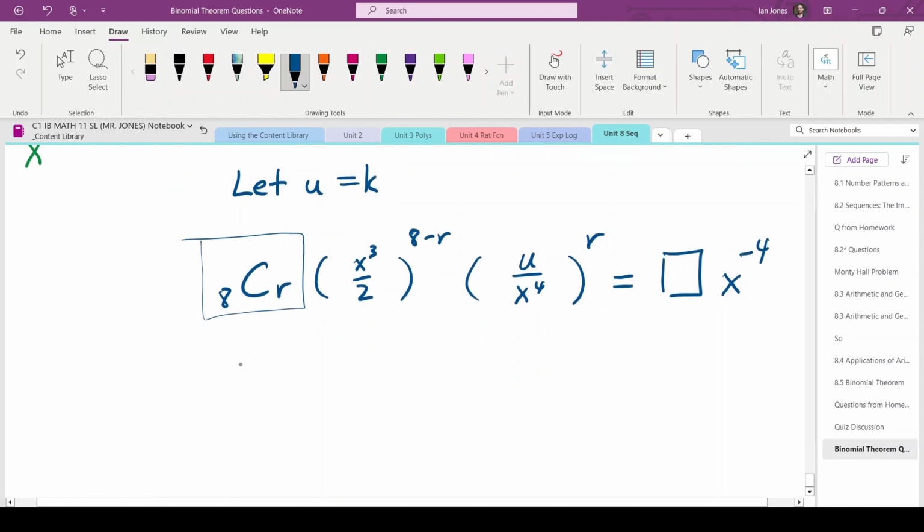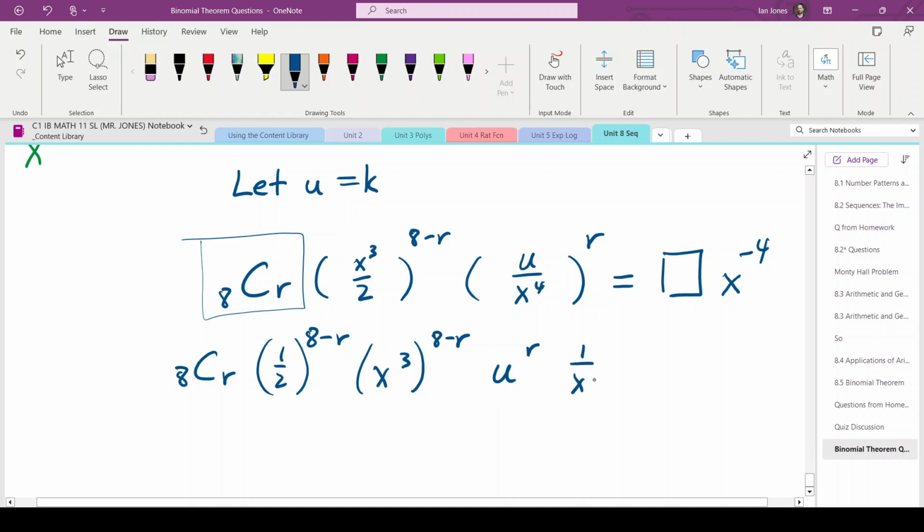So I'll simplify the left-hand side until I can figure that out. So I have some constant. I'll just write it as the constant. I have 1/2 to the 8 minus r, x cubed to the 8 minus r, u to the r, and 1 over x to the 4 to the r equals some constant times x to the negative 4.